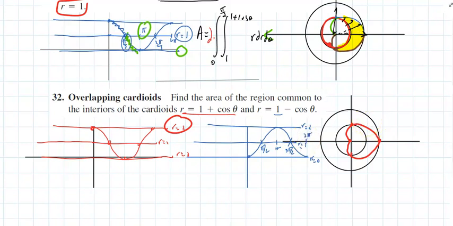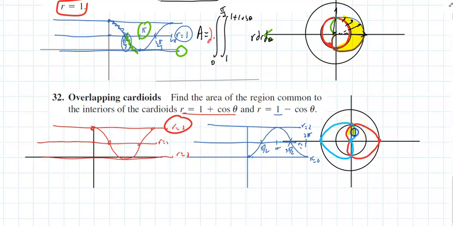This one starts at 0. By the time you hit pi over 2, it keeps on increasing, by the time you hit pi, and it's symmetric. When they say find the area of the region, let's see how this works.